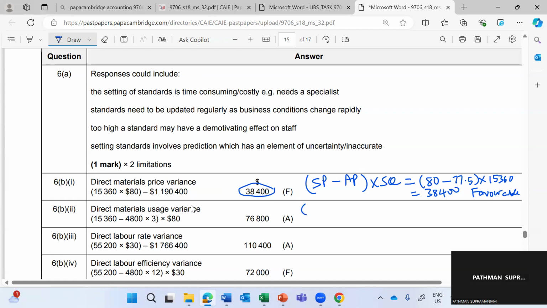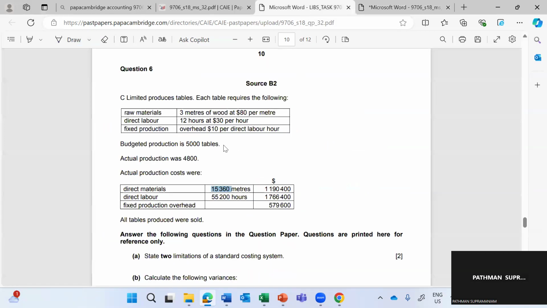So next we calculate the usage variance. The formula is standard quantity minus actual quantity times standard price. Standard quantity means how many meters squared are we supposed to be using to produce 4,800 tables and not 5,000? Because remember, we were flexing the budget from 5,000 to 4,800 units.